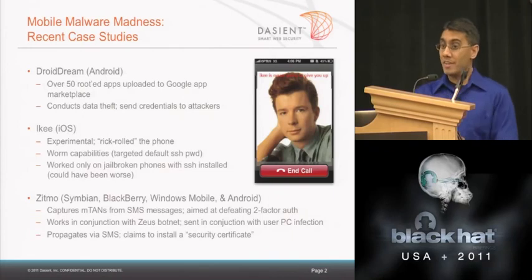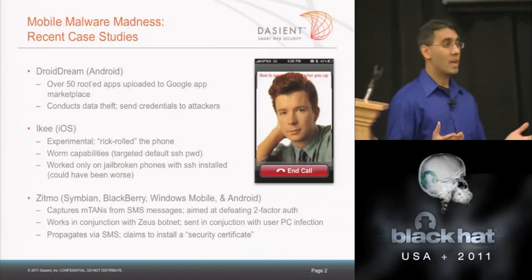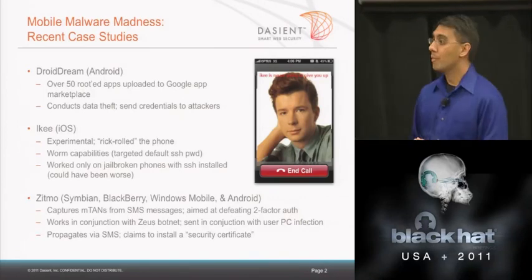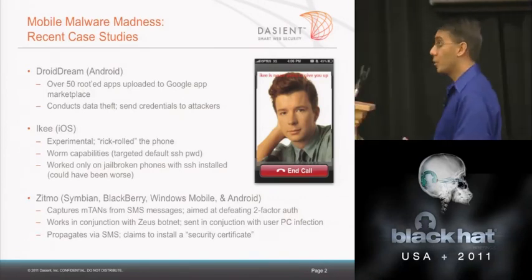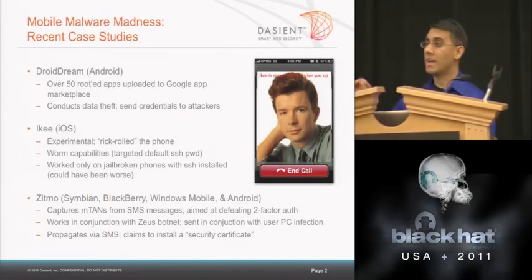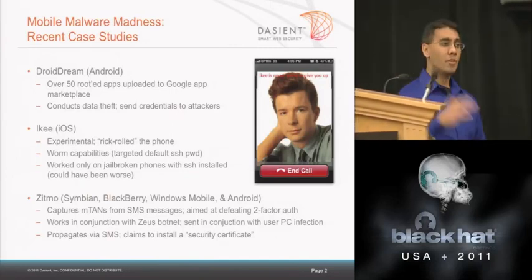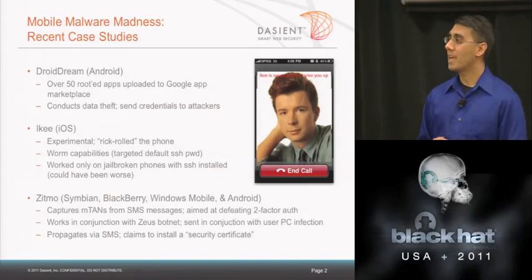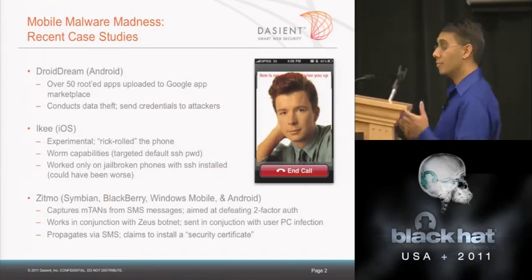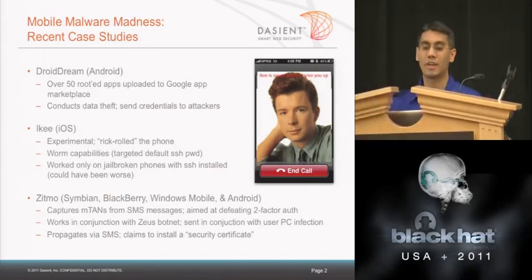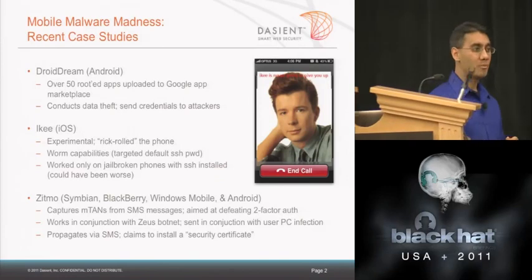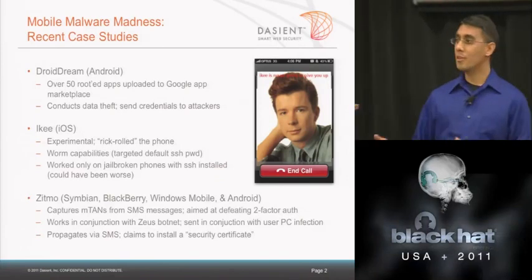In one case that occurred in March of this year, there was a mobile malware attack called DroidDream, in which attackers downloaded more than 50 of the most popular applications from the Android market, Google's Android market, injected malware into them, repackaged them, and uploaded them into the marketplace.